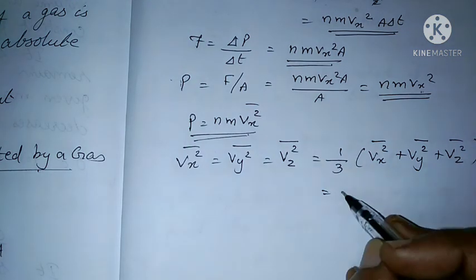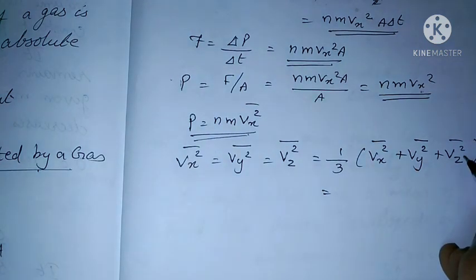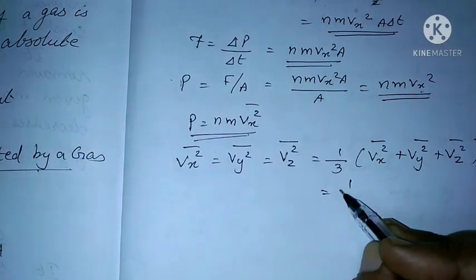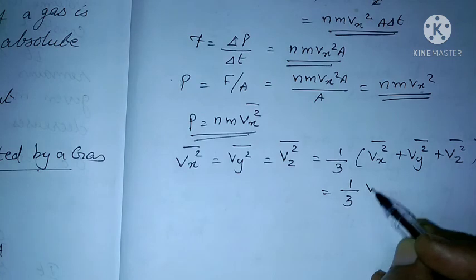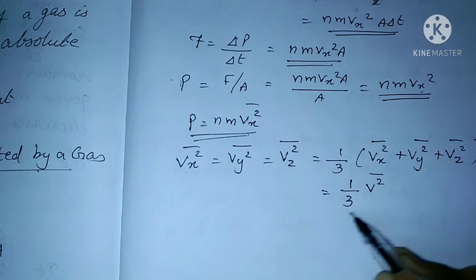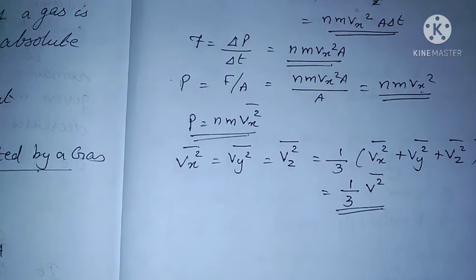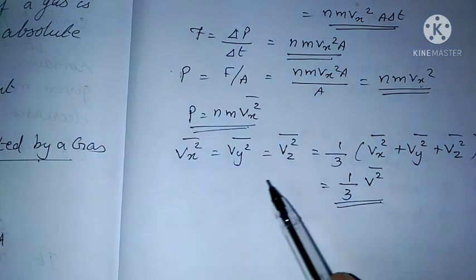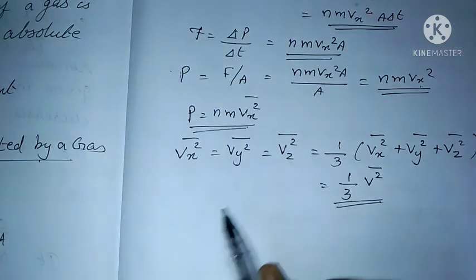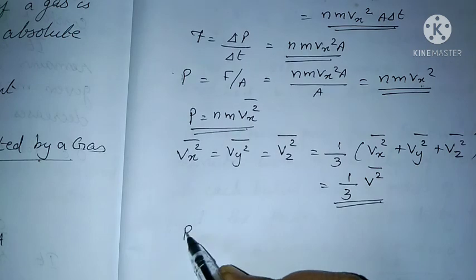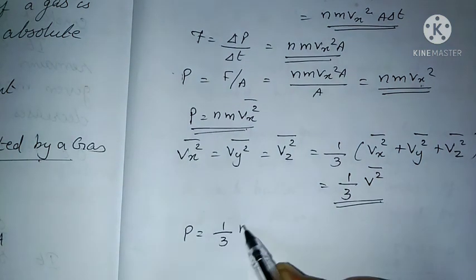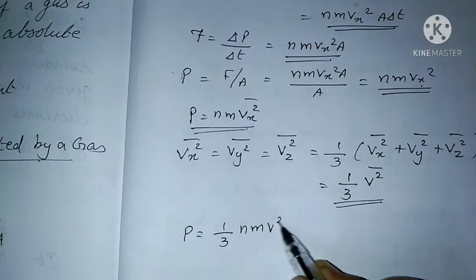That is the V square bar, the average value of the velocities of all the molecules in different directions. So, we can write 1 by 3 V square bar. This V square bar is the mean square velocity of all the molecules. Then we can substitute this Vx square bar in the above equation, that is P equal to 1 by 3 N m V square bar.